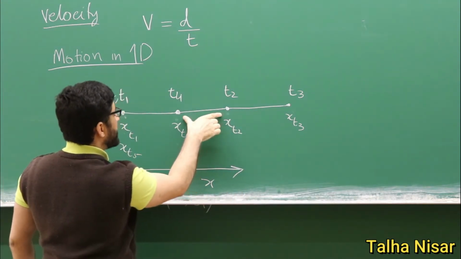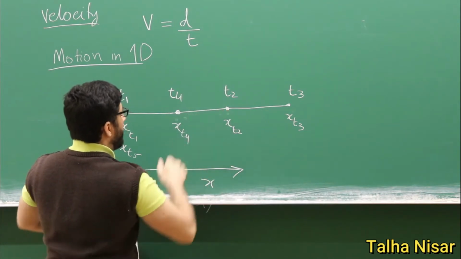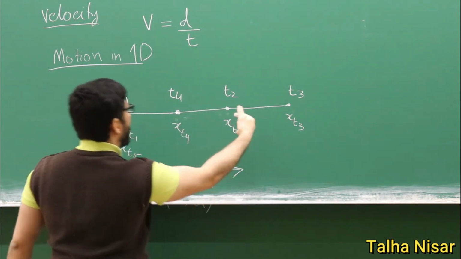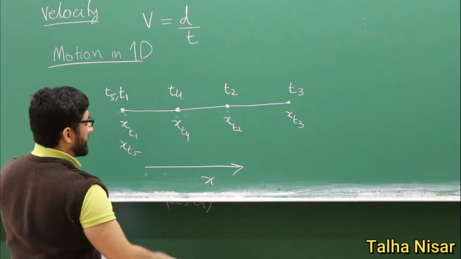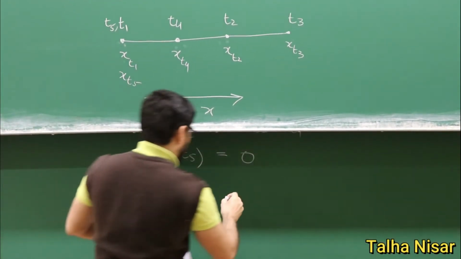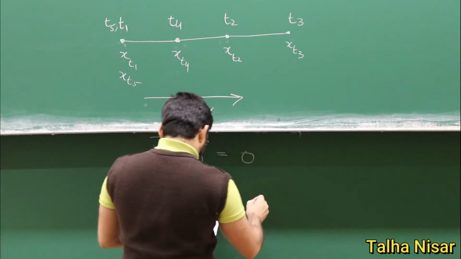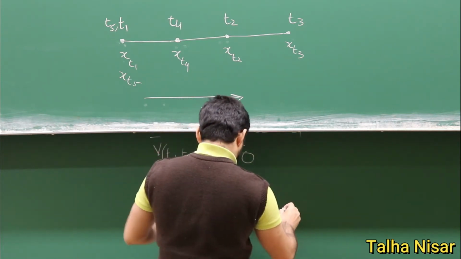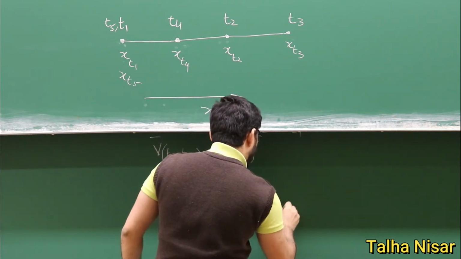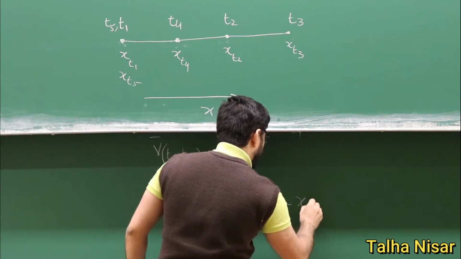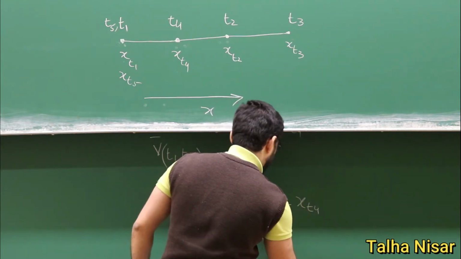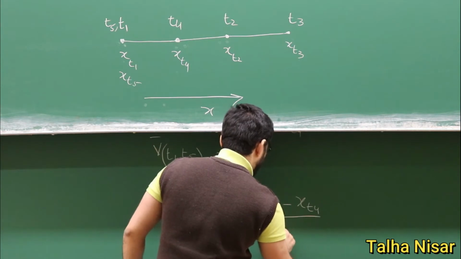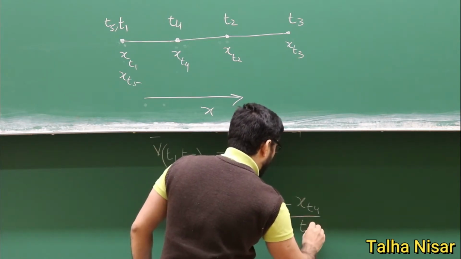So the shortest distance is this one here. We can clearly see that it's going in the opposite direction of x, so it's not equal to 0. So it is x(t2) minus x(t4) divided by t2 minus t4.